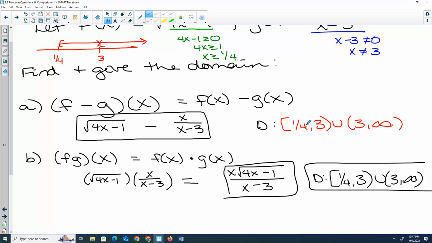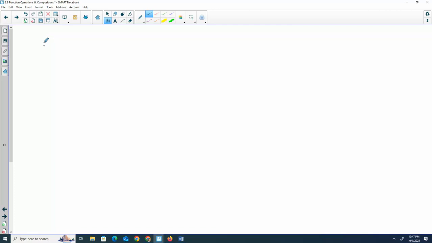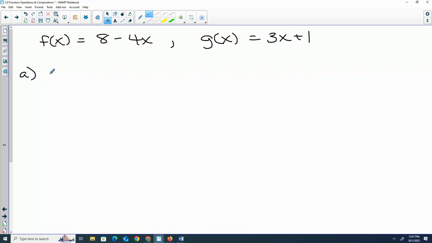I want to put a problem up here for you guys. If I said f of x is 8 minus 4x, g of x is 3x plus 1.